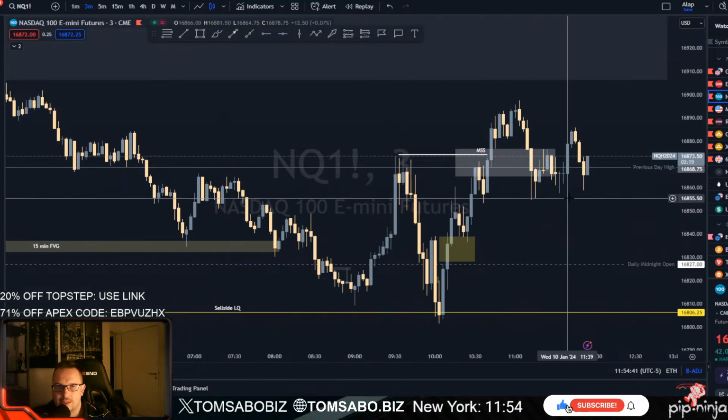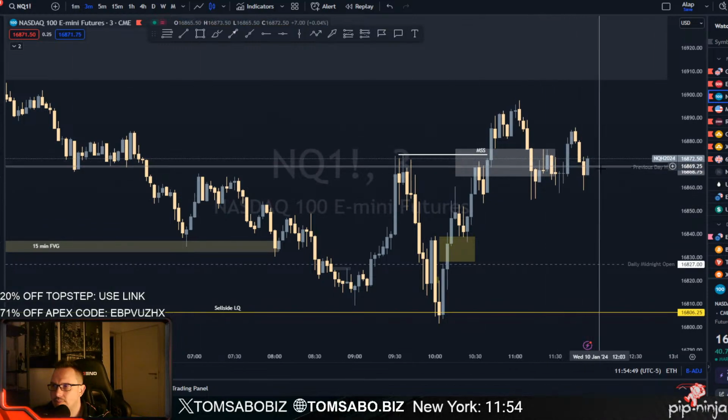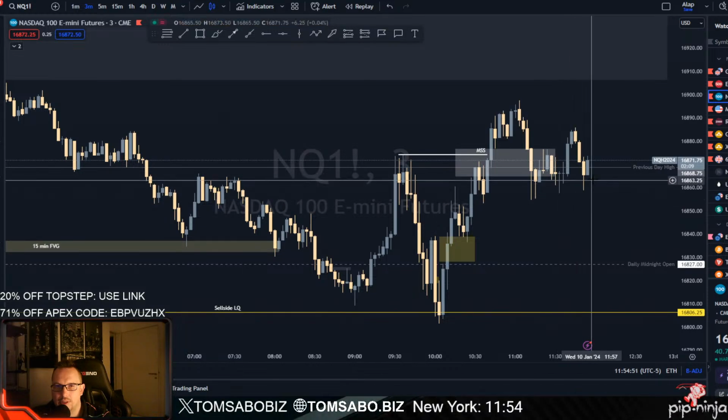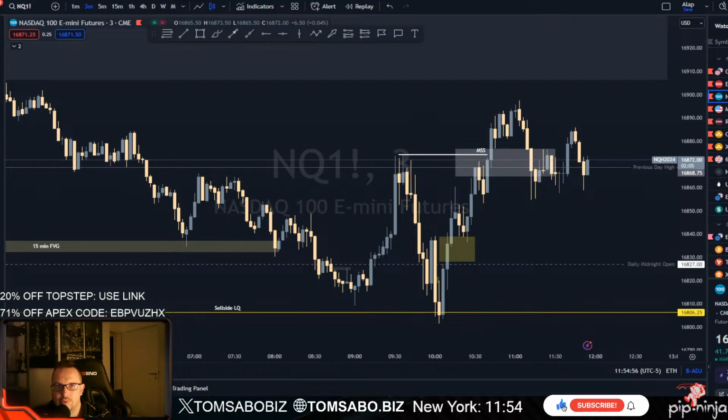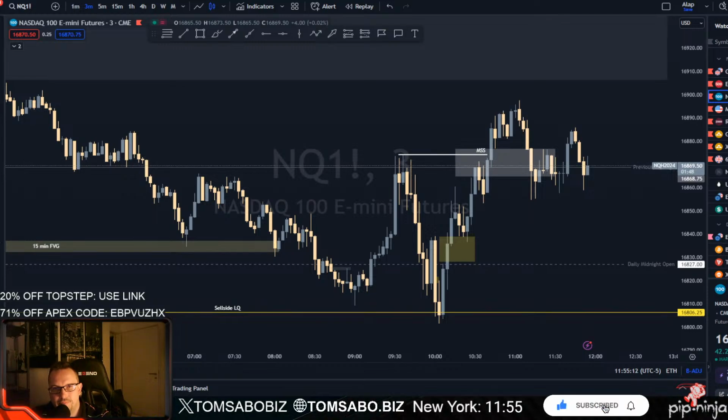Look at all these wicks down there. I don't know. Took some liquidity here. Best idea for it would be to deliver it to the downside. I would say so. But if not, it's cool too, if it wants to bring it down.